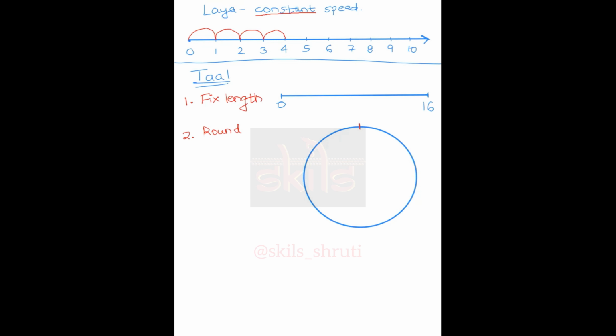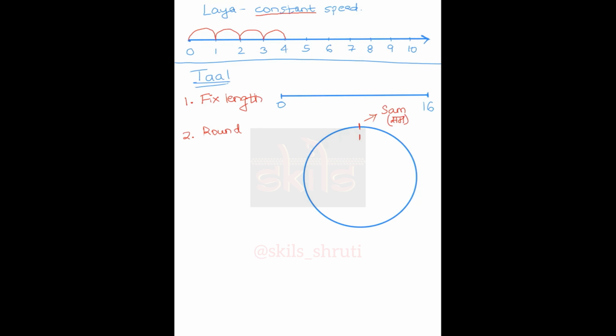This I'm going to call the first beat, which is also called the sum. Now this becomes a very important beat in the cycle, in this circle, because this is where we have to start and end.